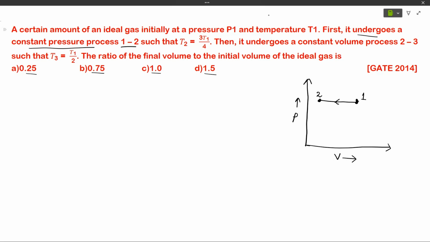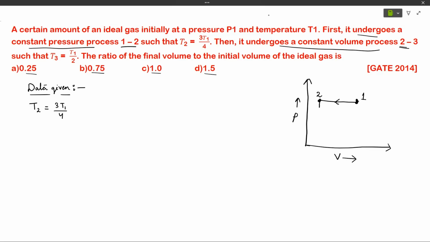So here in the question it is mentioned that T2 equal to 3T1 by 4. So let us consider this as data given in the question. That is T2 equal to 3T1 by 4. Next, it is mentioned that the ideal gas at state 2 further undergoes a constant volume process, that is 2 to 3.